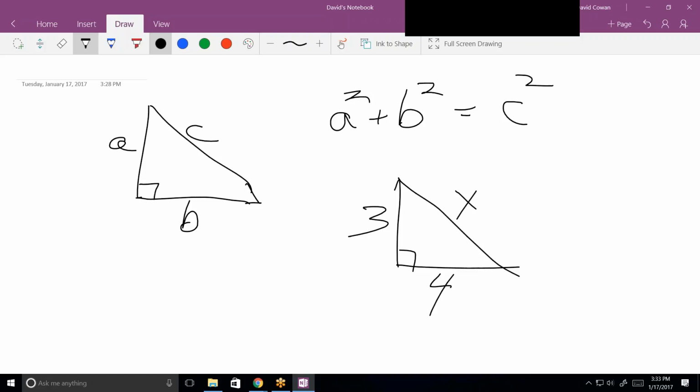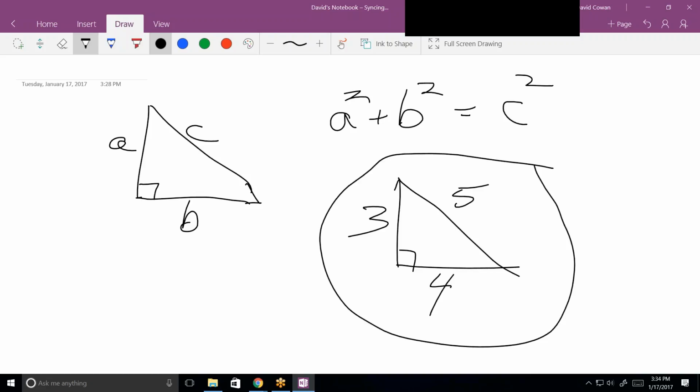So c would equal 5. Or x would equal 5. X equals 5, exactly. And that was no accident that I gave you this triangle. This is the smallest perfect Pythagorean triangle, and by that I mean the smallest triangle that has all integers. This is a huge triangle to remember. You're going to run into it for the next 3 years.